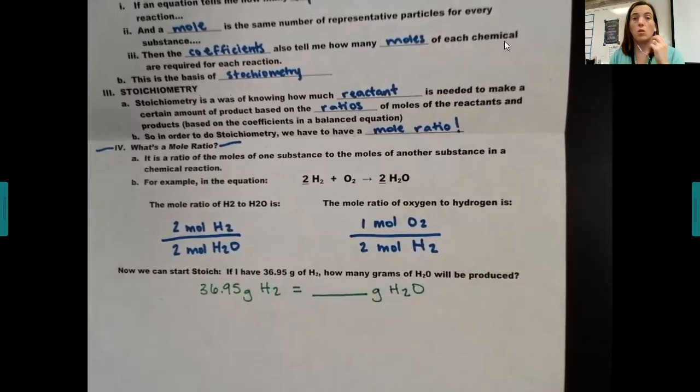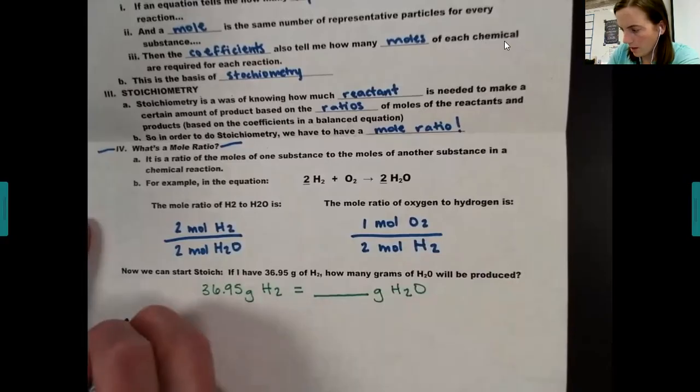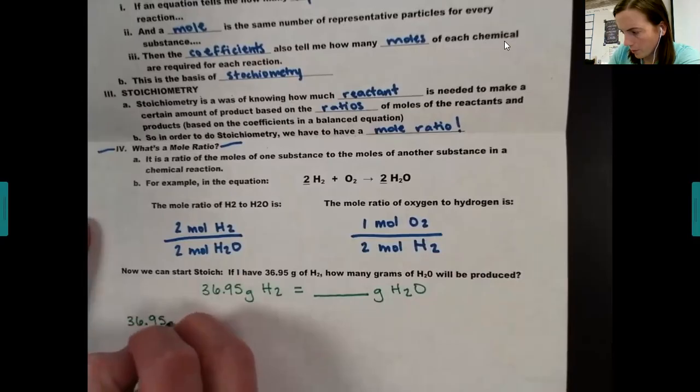I'm going to work this problem out first, and then we'll write down the steps that we did together. Just like when we worked out moles, you always start with what you're given. So we're given 36.95 grams of hydrogen.